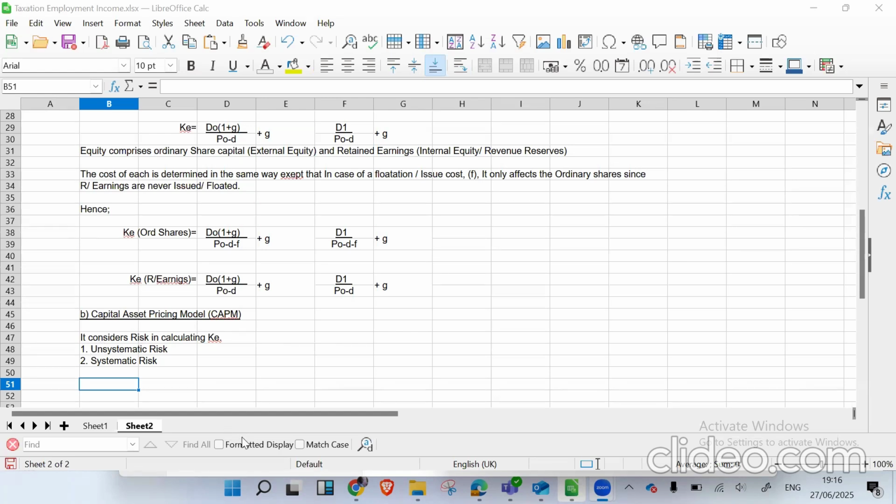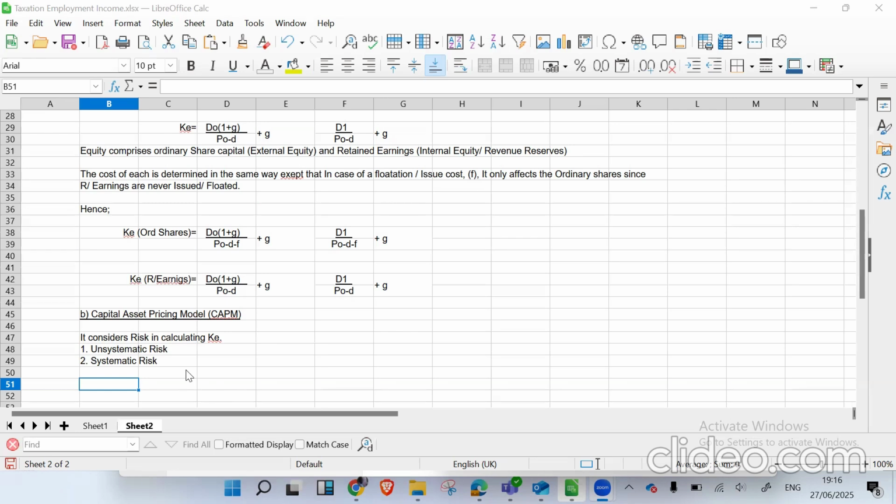E.g. low sales kidogo, low sales due to poor weather conditions. Full stop.